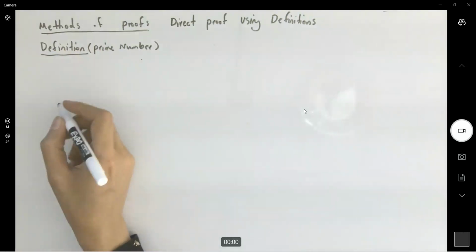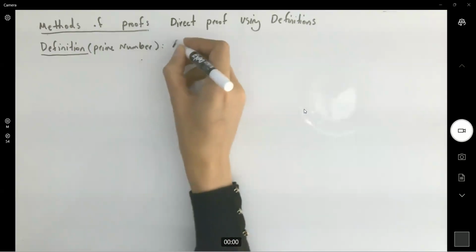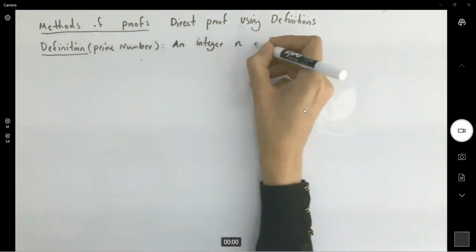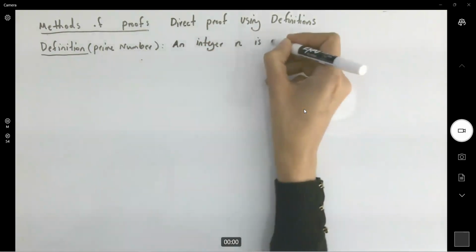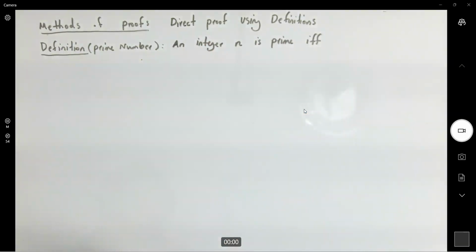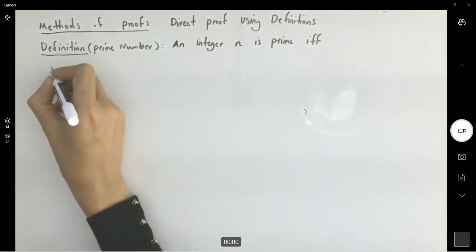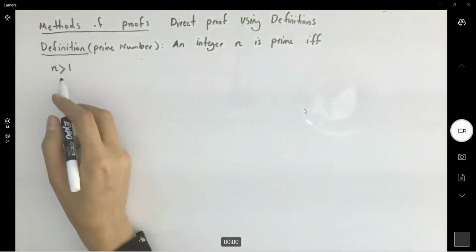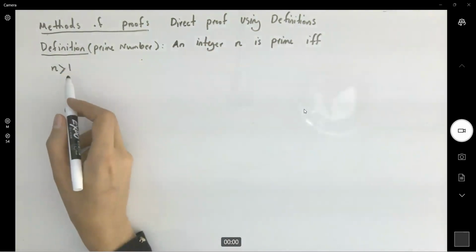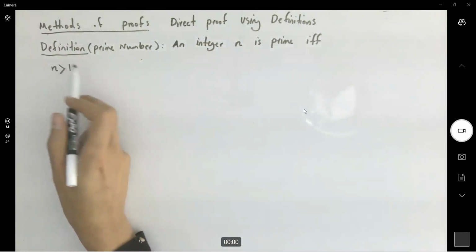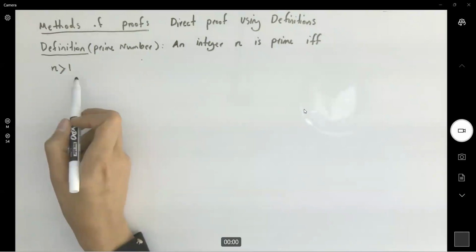An integer like n is prime if and only if it satisfies the following condition. First of all, your n must be larger than 1. It's a common mistake that students think n equals 1 is a prime number. n must be larger than 1. This is your first condition.